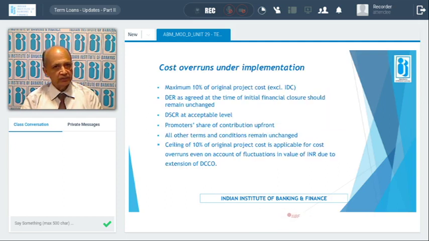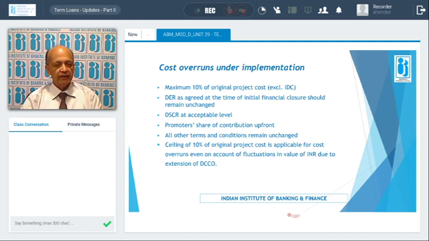Any interest is loaded because drawings are taking place, so naturally the interest will accrue. So if that interest is not envisaged, it can be financed or it can be capitalized also. In addition, there are other cost overruns. IDC can be taken out of this and financed separately, or it can be capitalized, provided it is already there in the project design.